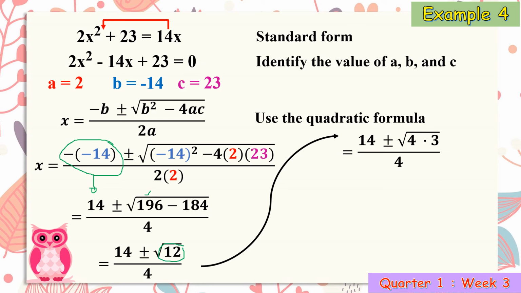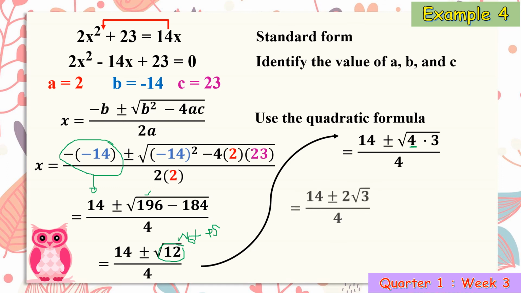As you can see, 12 is not a perfect square. But we can simplify this kind of radical by getting a factor of 12 that is a perfect square, which is 4. So we simplify it as 4 times 3.